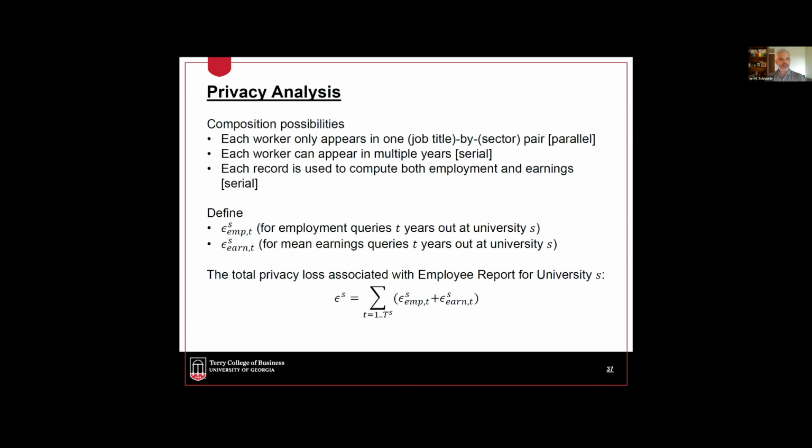So if we define epsilon emp t s, the privacy loss parameter for employment queries t years after leaving university S, and a second privacy loss parameter for the average earnings queries t years out after leaving university S, then the total privacy loss associated with publishing this employee report is going to be the sum over all years, say 1 up to 10, because of the serial composition result, of the privacy loss associated with publishing employment for that cell and the privacy loss associated with publishing earnings for that cell.